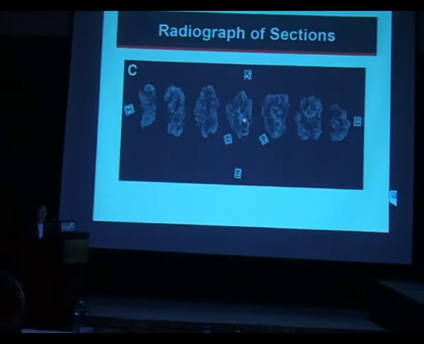So in this case, the lesion is here. Here is the previous biopsy clip. And then the lesion extends here. Medial and lateral margins are negative. Here, anterior and posterior margins are okay.